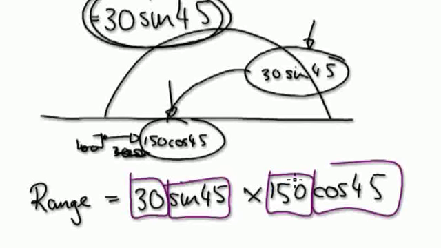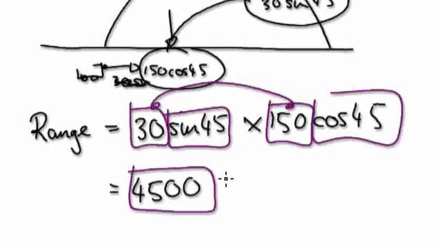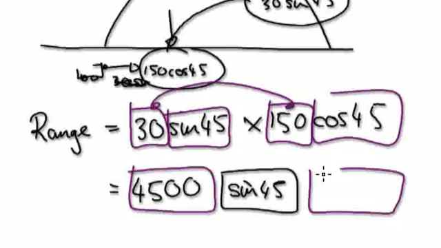So merge these two together, that would be 45 with two zeros, and then you times by sin 45, and then you times by cos 45.